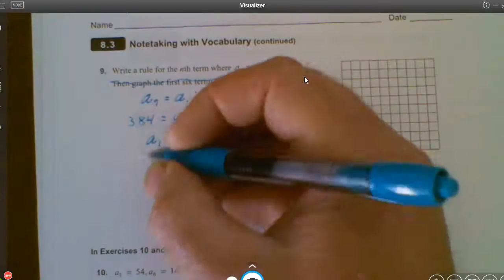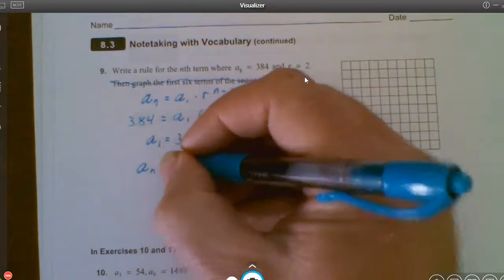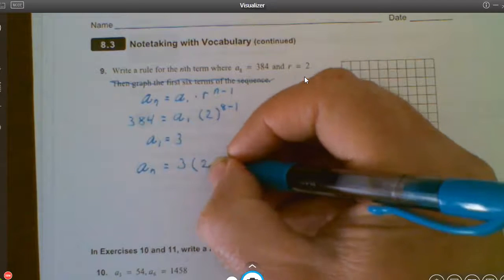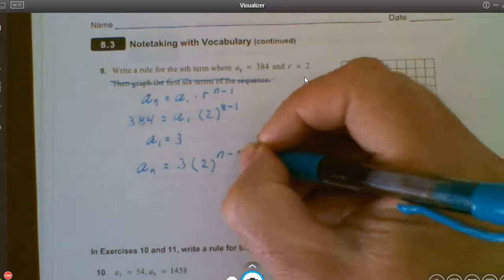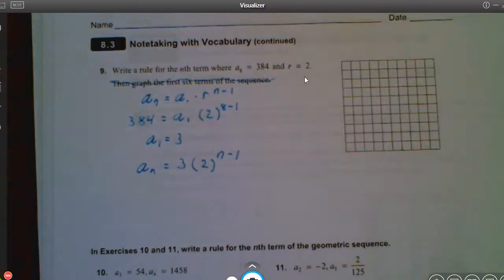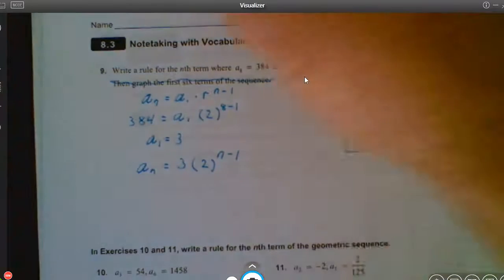So now I can finish off my rule and say a of n is 3 times 2 to the n minus 1. And again, these cannot be multiplied together, so don't do that. That's as simple as it gets. That would be our rule.